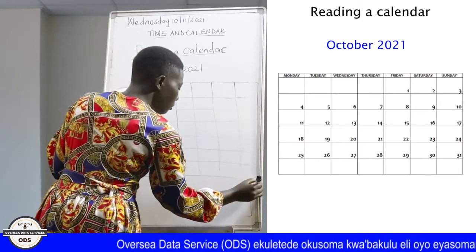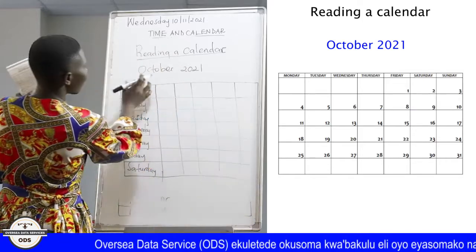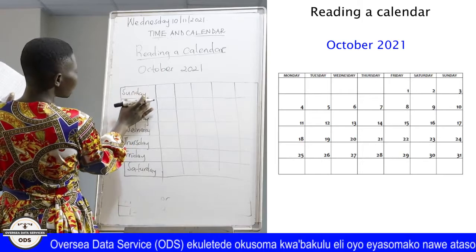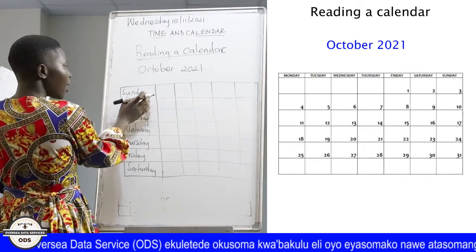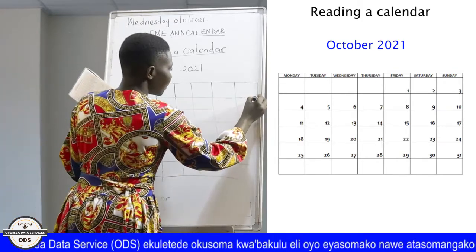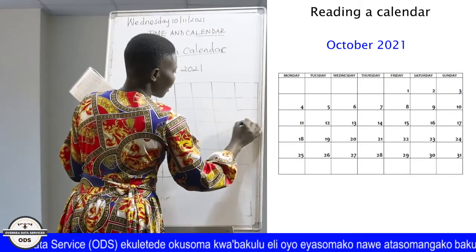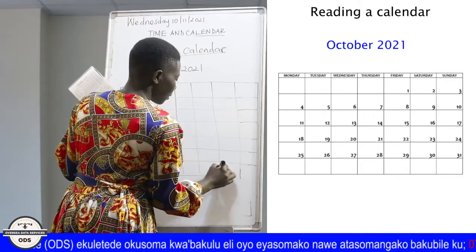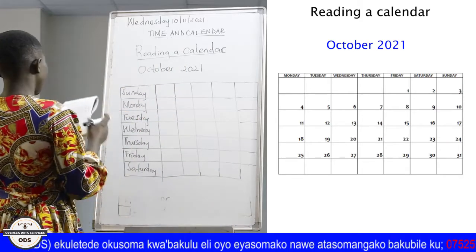It consists of a month, days of the week, and the dates.